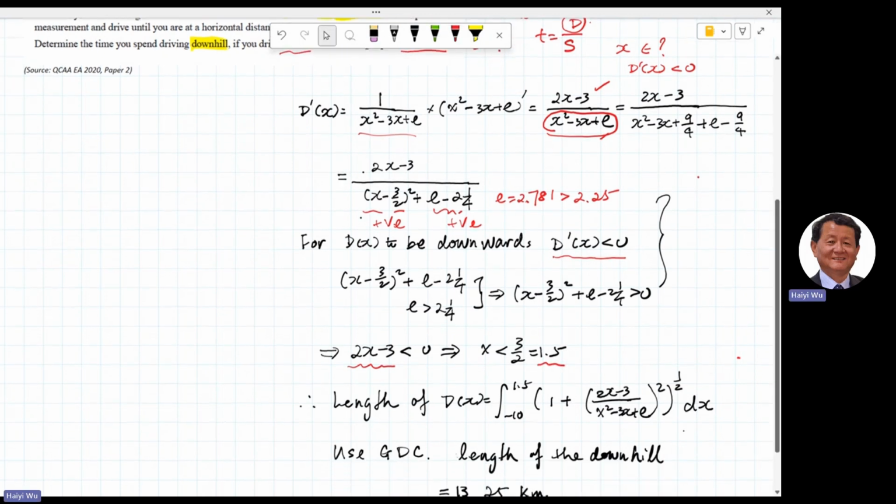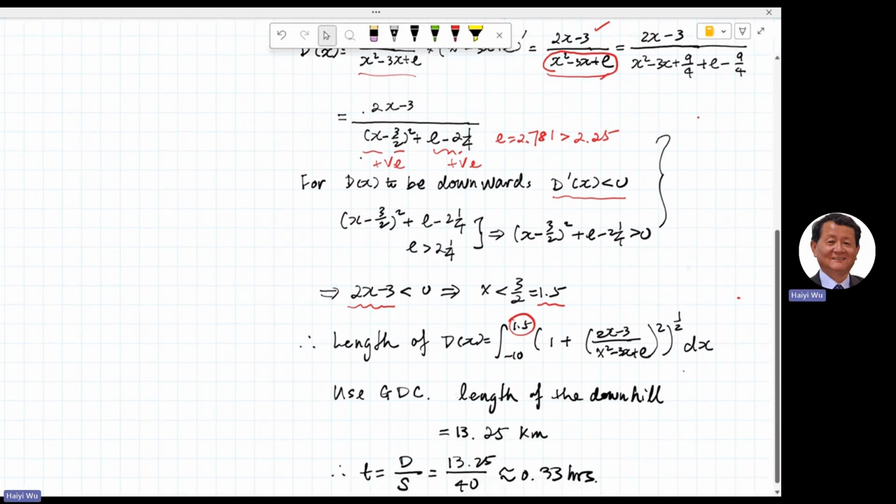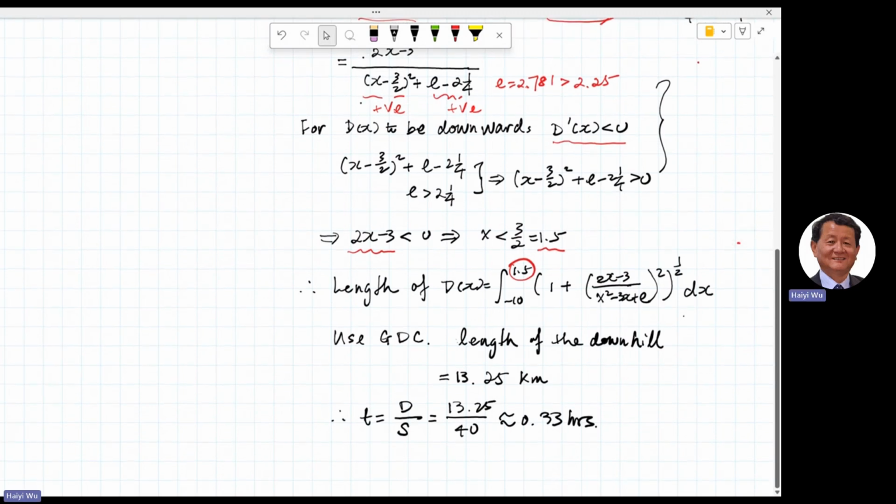So now we've decided the boundary for the interval: B is 1.5. So the length of the curve is from negative 10, which is A, to B. Then we use the formula just given to us. This is the derivative squared, then the square root, with a half.